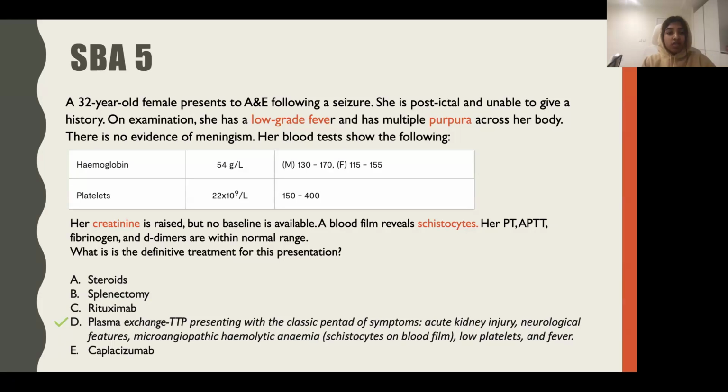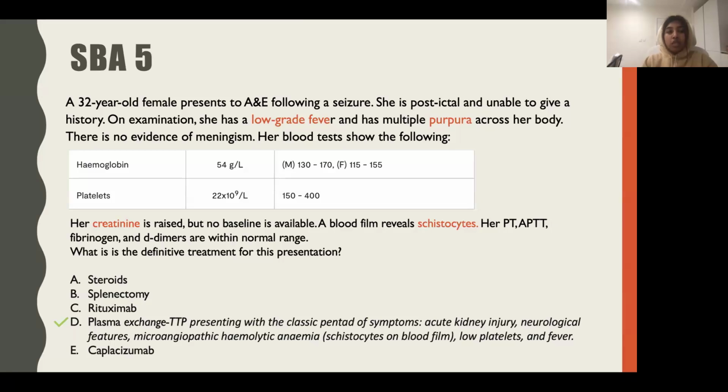If it's a pentad of things, like I said, and in DIC, you might not see an AKI, and you might see a clear sepsis picture or a clear malignancy picture causing that DIC. But in this case, she's not got any of that. She's got a neurological thing that's motivating this. And then she's got all the symptoms of the pentad.